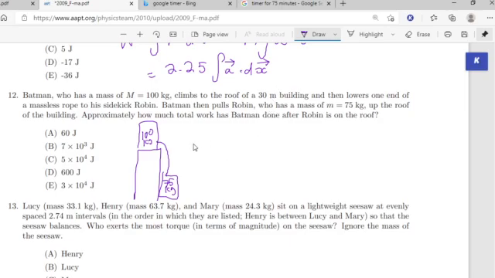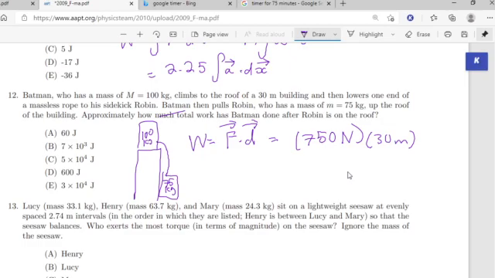Well, the work is just force times displacement. In this case, the force of gravity acting on Robin is 10 times Robin's mass of 75 kilograms, and then times 30 meters.